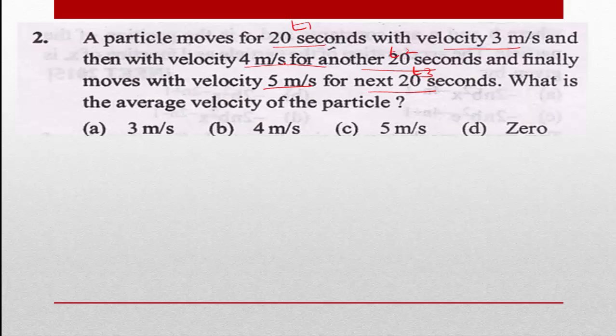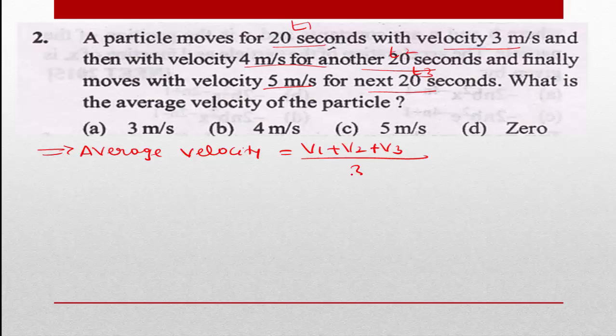In that case, the average velocity of the particle is calculated using the formula: average velocity is equal to V1 plus V2 plus V3 divided by 3, because in this case T1 is equal to T2 is equal to T3, at time T equal to 20 seconds.